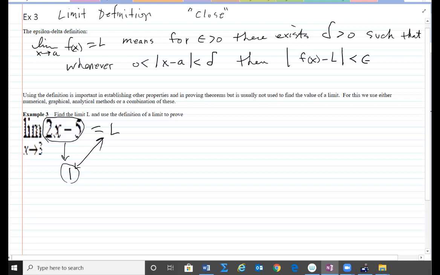Okay, so graphically, let me give you a little drawing of what this means to get a better idea conceptually what's happening here.